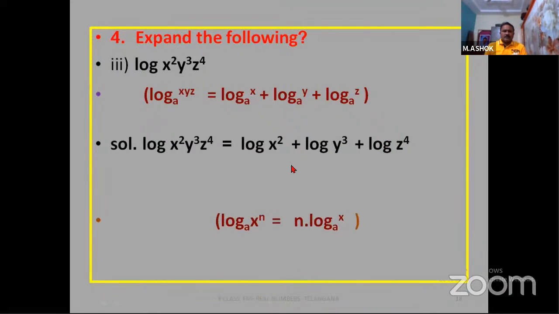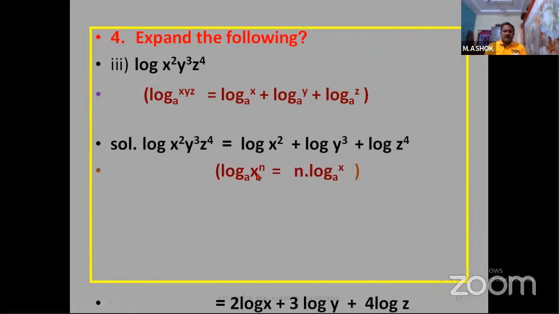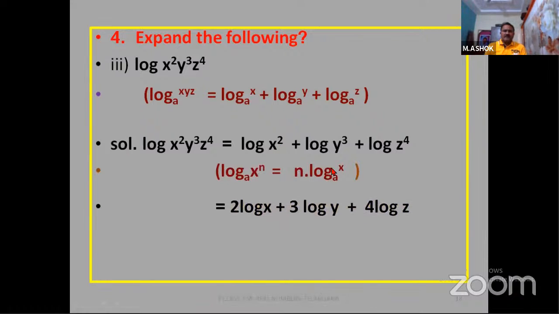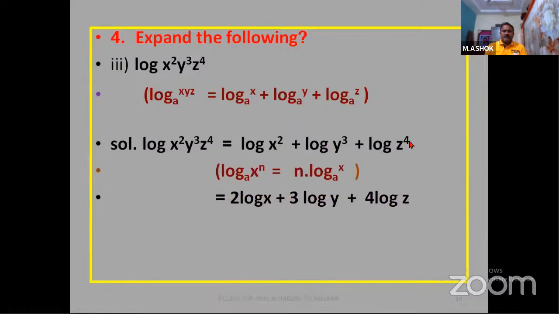Three variables are there, so write the summation of each variable's logarithm. Now, basing on the power rule formula, it will be 2 log x plus 3 log y plus 4 log z. Always I am telling you, you should write the formula, whatever you are applying, in every problem in the examination. While solving problems in the examination, you have to write the formula compulsorily. In this way you have to solve.